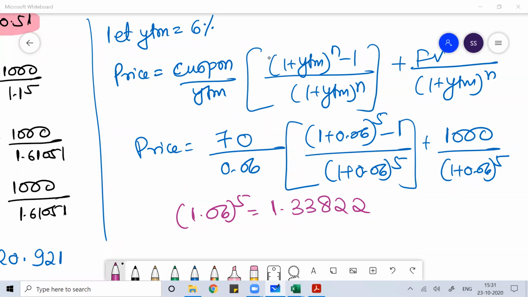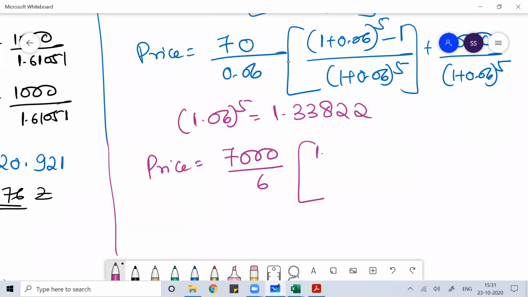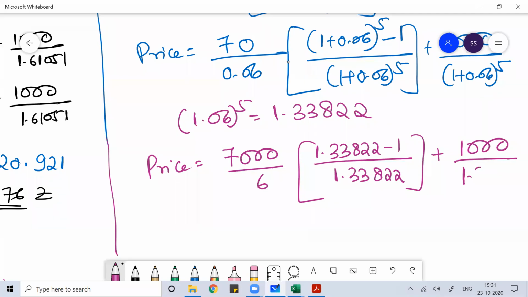So price is equal to 70 divided by 0.06, times (1.33822 minus 1) divided by 1.33822, plus 1000 divided by 1.33822.